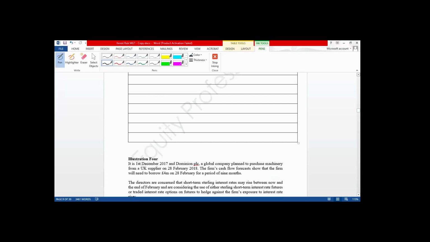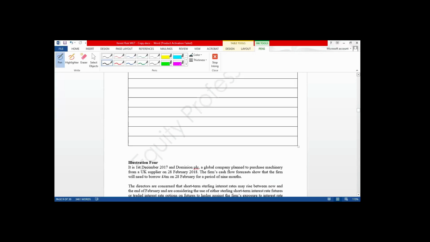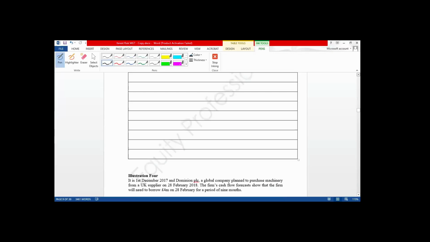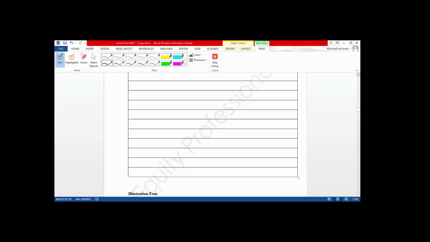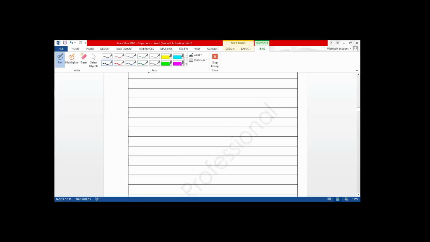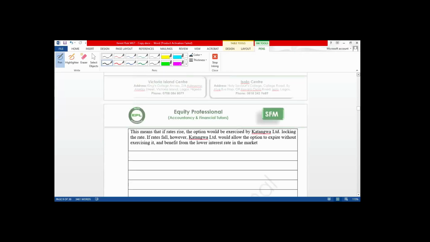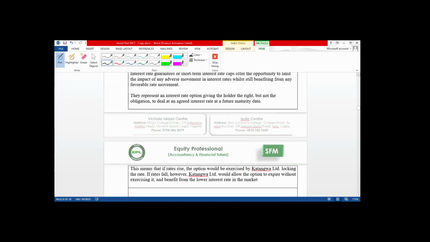Unlike FRAs, an interest rate guarantee is an option. They represent interest rate options, giving the holder the right, but not the obligation.